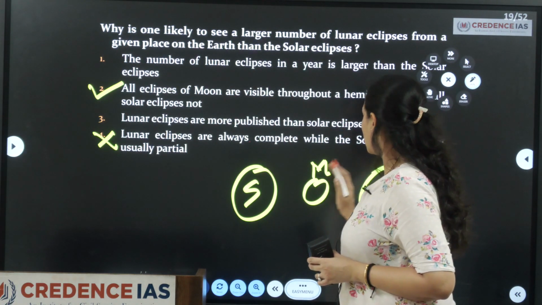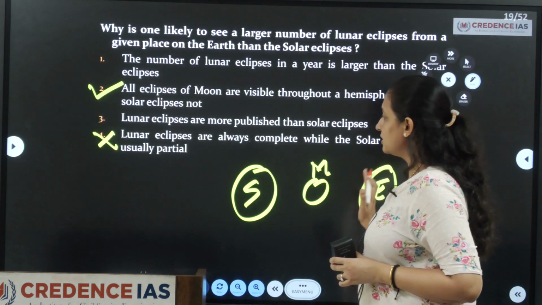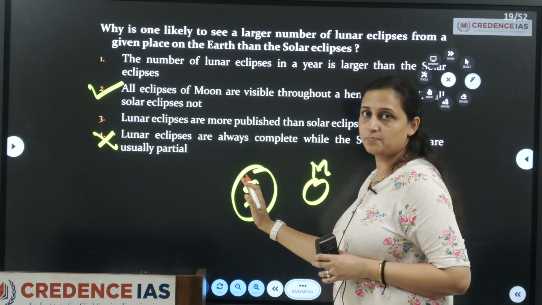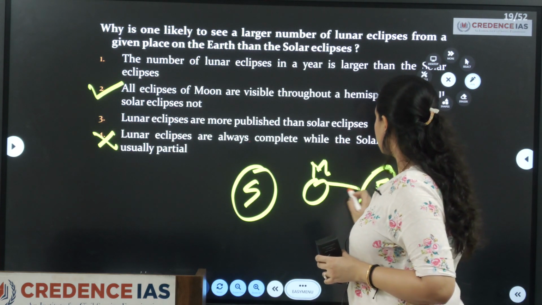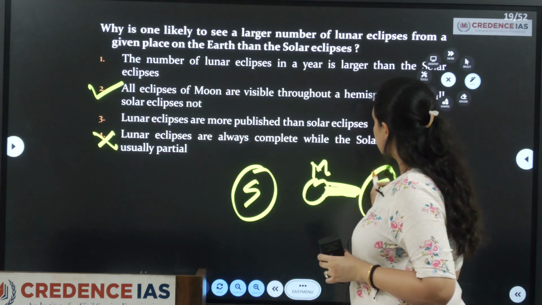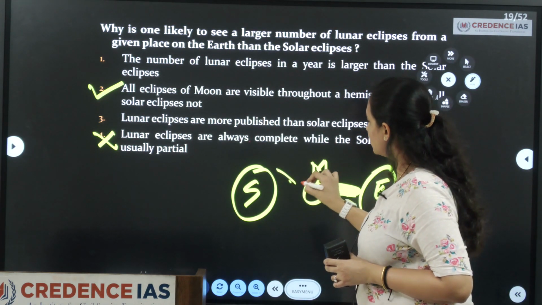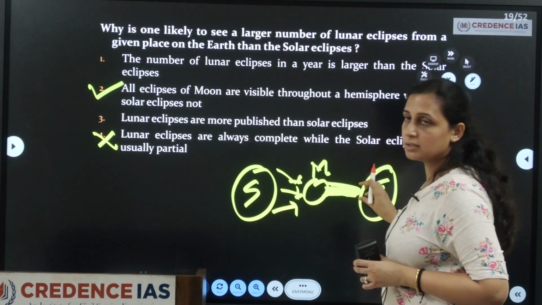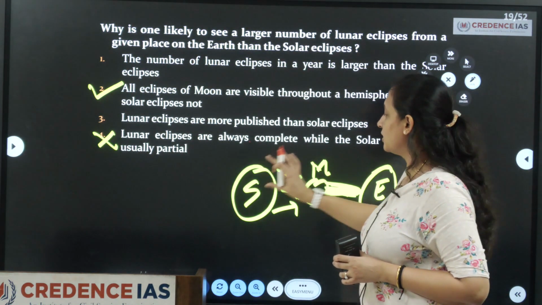Only the part of the earth facing the sun will witness the solar eclipse, because the shadow of the moon falling on the earth is very narrow. So only that particular region will witness the solar eclipse.